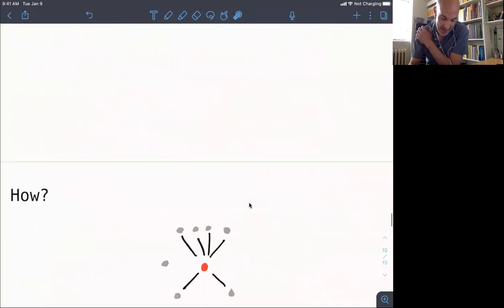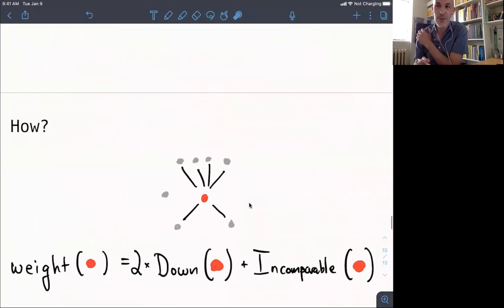So this was the first result that my student came up with. What he says is, all right, look, I want to start scoring ballots, just like I score them in the Borda Count. And what I do is I'm going to put a weight. The weight is the number that I'm going to put onto the ballot. And the weight is going to be 2 times the down set.